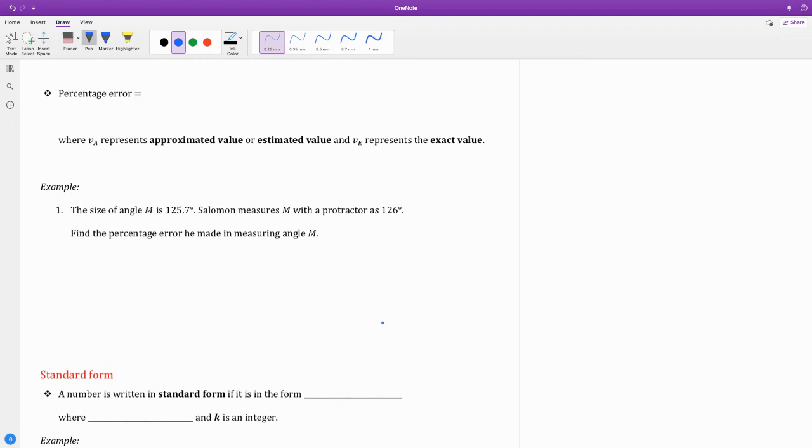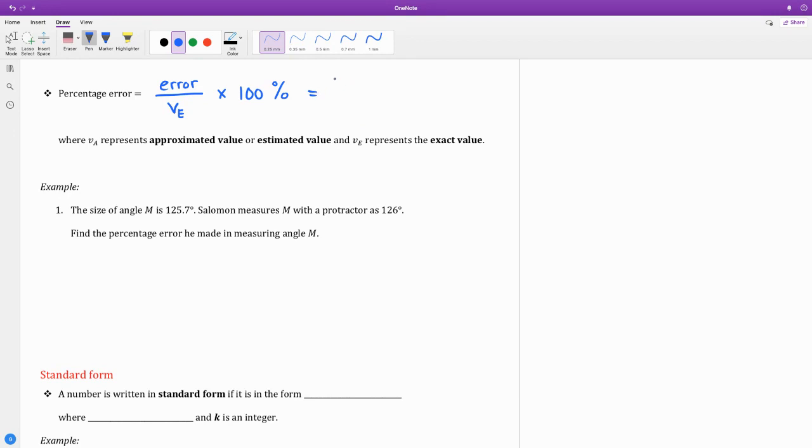Now we need to find the percentage error. To find the percentage error, we need to use the error divided by the exact value, multiplied by 100, and then we put percent.